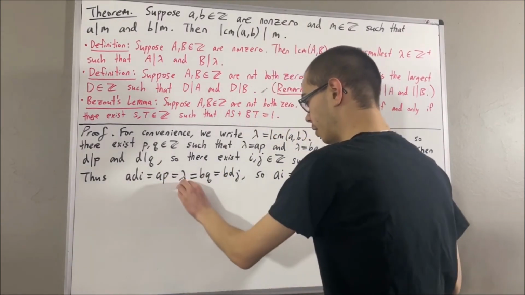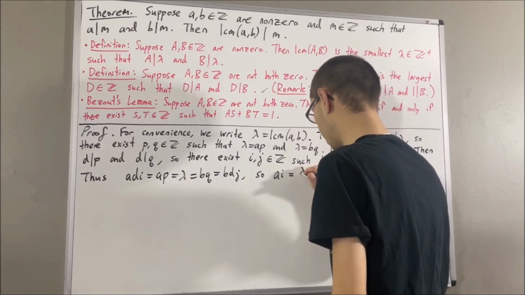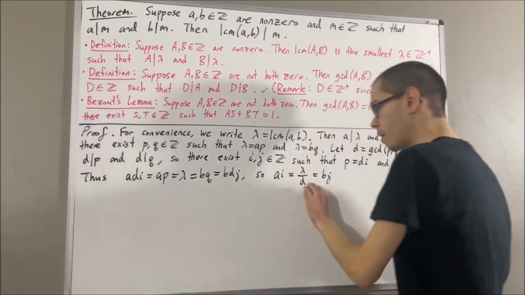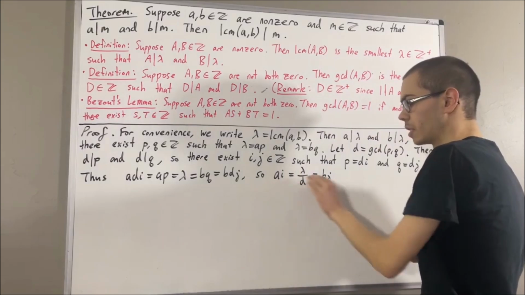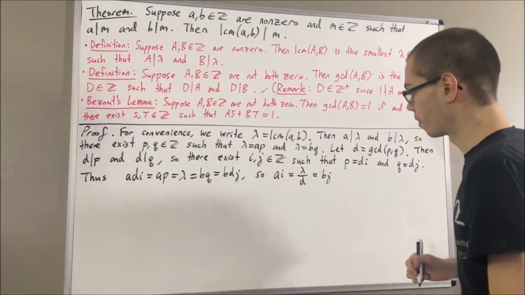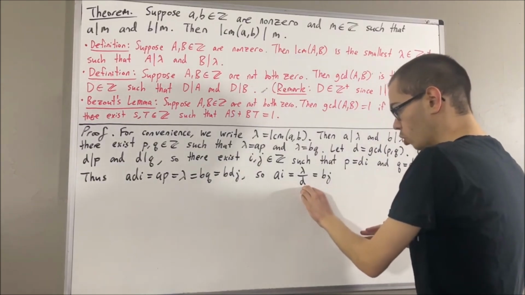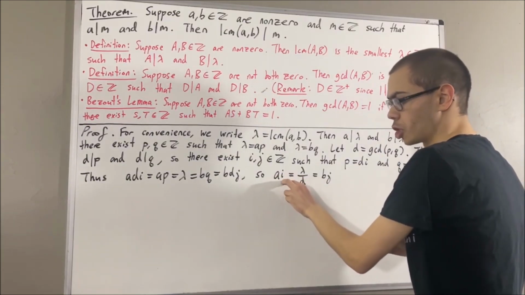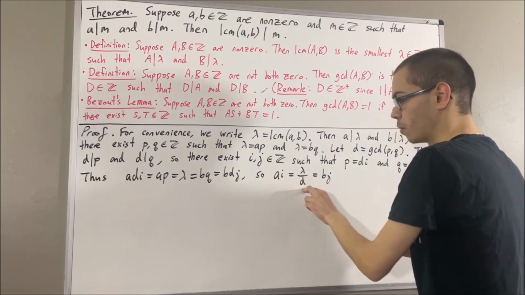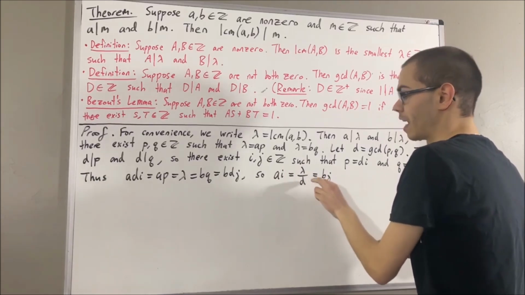And if we divide lambda by d, well, this is just equal to ai. So lambda over d is an integer because it's equal to an integer. What this tells us is lambda over d is equal to a times some integer. So a divides lambda over d. This also tells us b divides lambda over d.